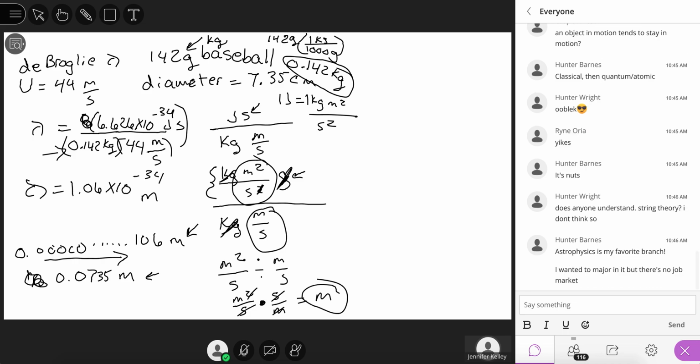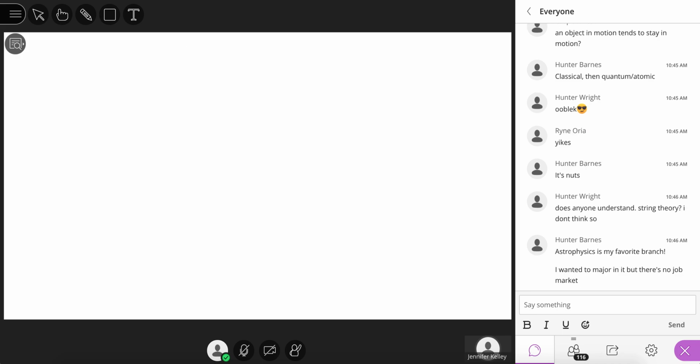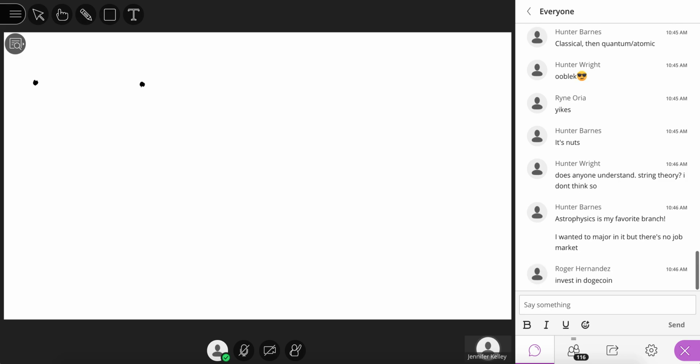All right, so let's take a look at waves now and just get some information about waves in general. So let's say you have a wave. They used the example of a violin, and they said on one end of the violin, the string is clasped, and the other one is grasped.